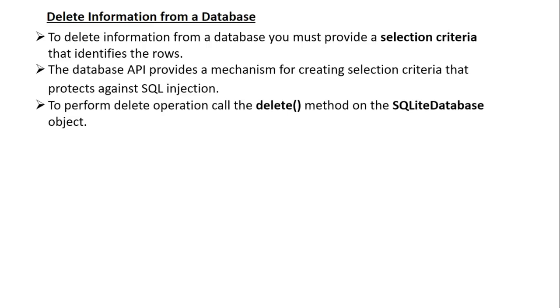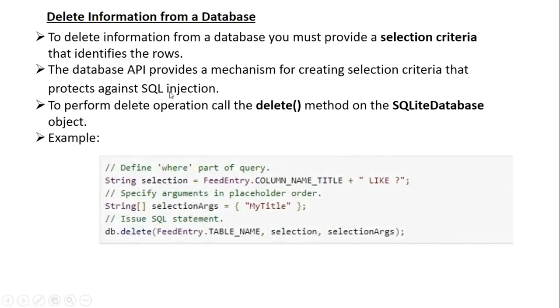To perform a delete operation, call the delete method on the SQLite database object. Here is a simple example. So here we specify the selection criteria, and here is the selection argument, and finally we call the delete method on the SQLite database object. For this method, you have to pass parameters like table name, selection, that means condition, and selection arguments.